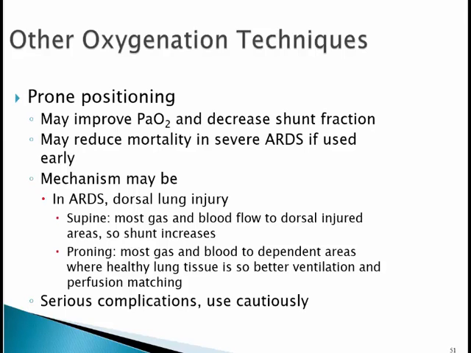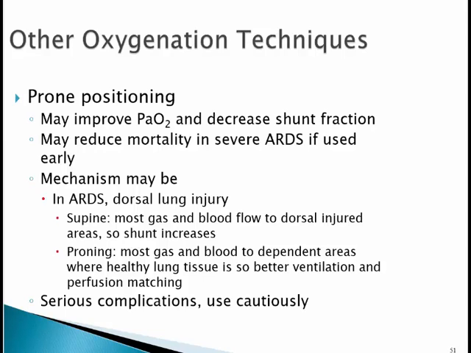The mechanism may be the dorsal lung injury in ARDS. Supine, most gas and blood flow go to the dorsal injured areas, so shunt increases. If you prone them, most of the gas and blood flow go to the dependent areas where healthy lung tissue is better, so ventilation and perfusion have better matching.